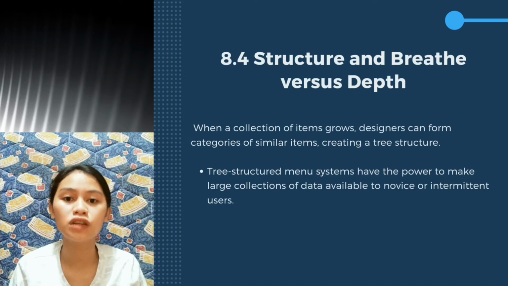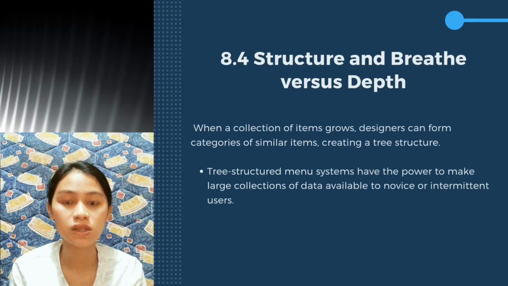Let's move on to structure and breadth versus depth. When a collection of items grows, designers can form categories of items, creating a tree structure. Some collections can be partitioned easily into mutually exclusive groups with distinctive identifiers. For example, the products in an online grocery store can be organized into categories such as produce, meat, dairy, cleaning products, and so on.